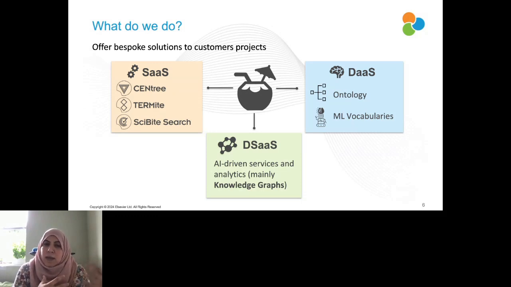We license three main software products: Sentry, the ontology management system; Termite, the named entity recognition; and SciBite Search, which integrates our curated ontology and named entity recognition to retrieve semantically relevant articles. We also license curated ontologies, which align with the FAIR principles and machine learning vocabularies. On top of that, we offer data science services like AI-driven services and analytics, and mainly through knowledge graph.